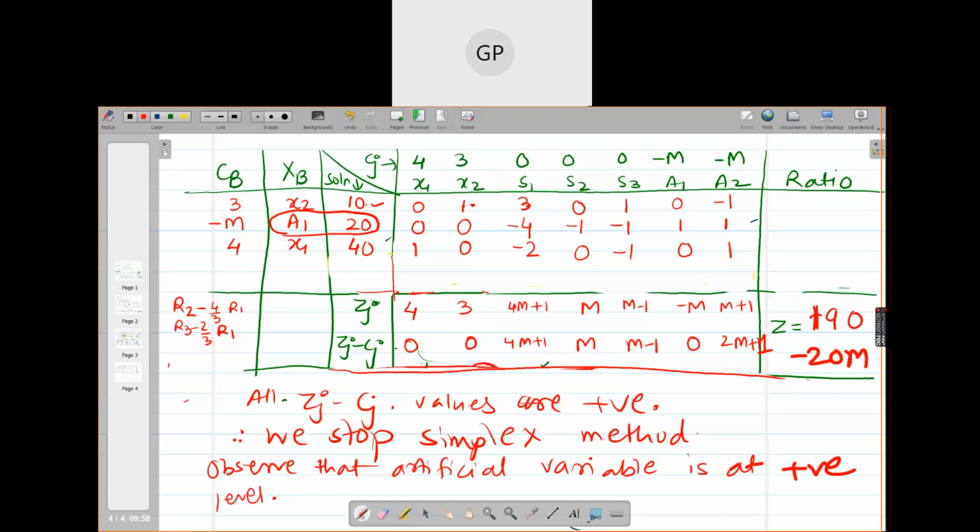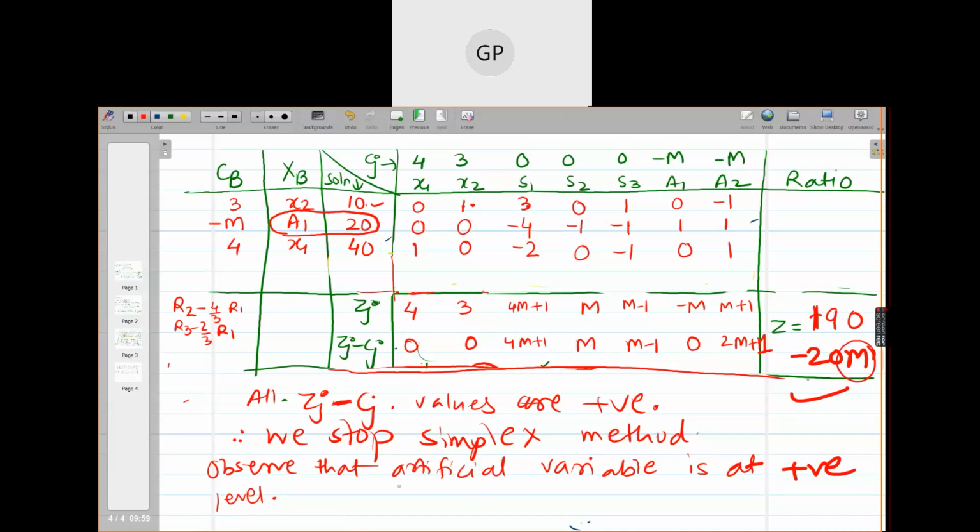And see, artificial variable should not affect our solution, but as it is, we are not able to remove it. That means there is some problem with the constraints. This is going to remain same because m can be anything. M is sufficiently large, and therefore we are not able to decide the maximum value of Z, because I can put m equal to 100, you can put m equal to 200, something like that. So that is going to change the value of objective function also.